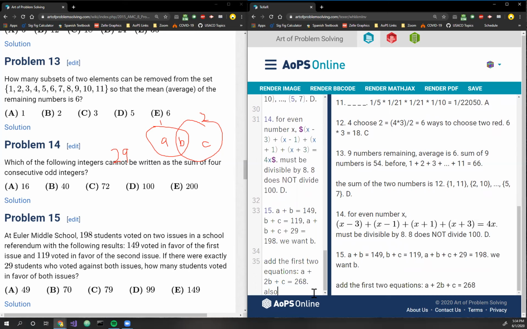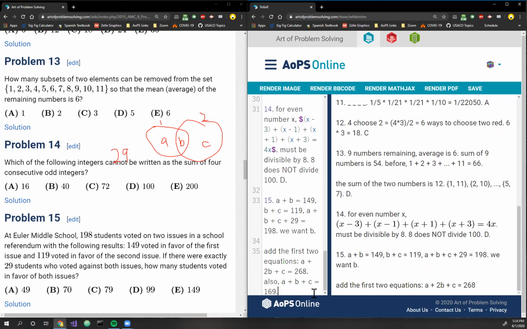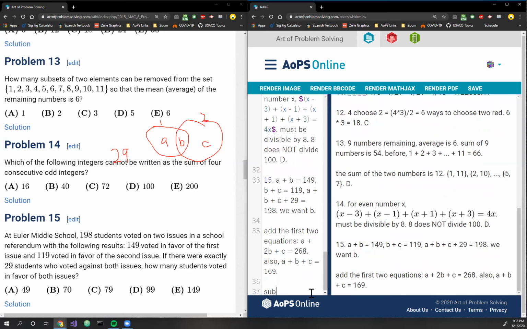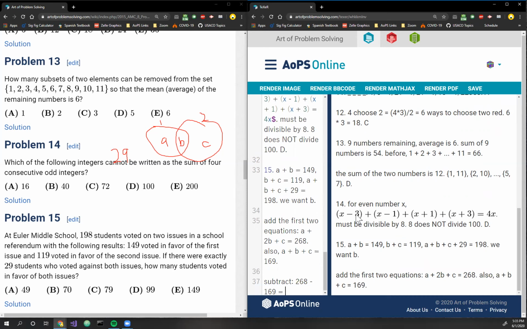Also A plus B plus C equals 169. As a result, we can just subtract, which gives 268 minus 169, which is 99. So the answer is 99, and that's D.